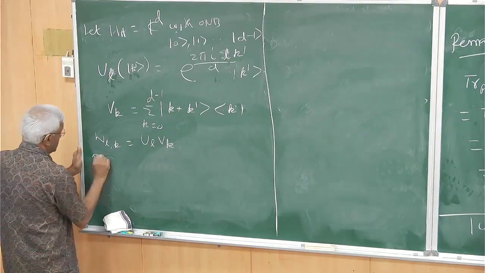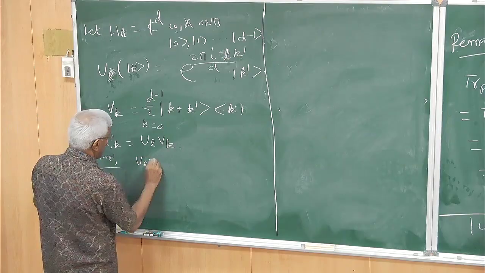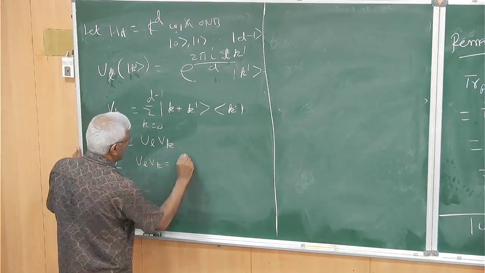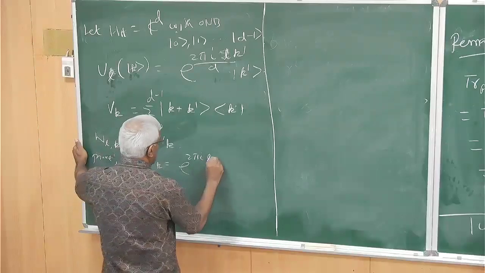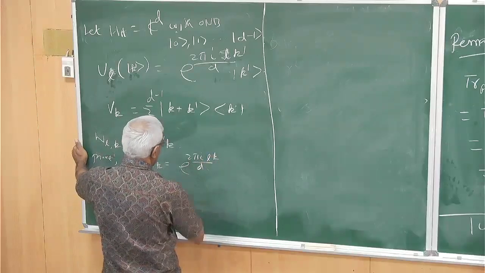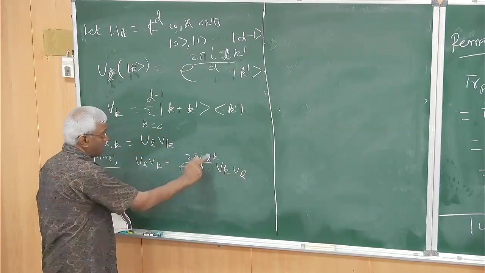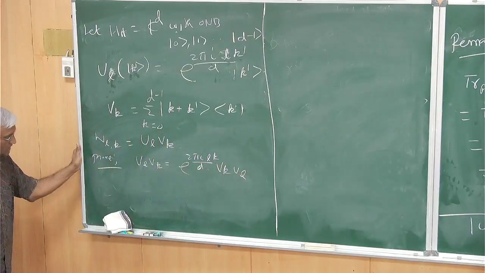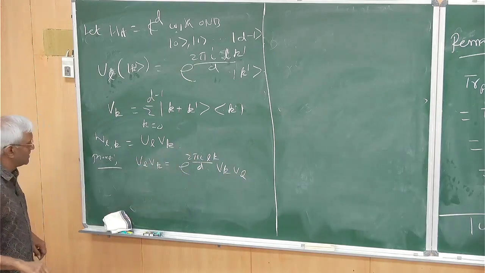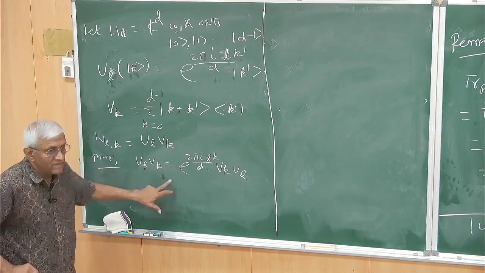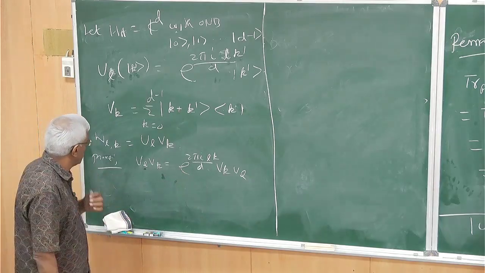Then prove, it's very easy to prove, that U_l V_k is equal to e to the power 2 pi i l k by d times V_k U_l. I'm sure this is correct, but you should check it. If there is a problem, you change it. So they don't commute, they commute up to a constant.